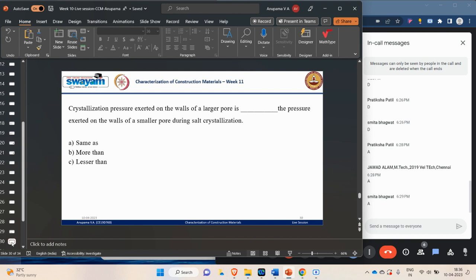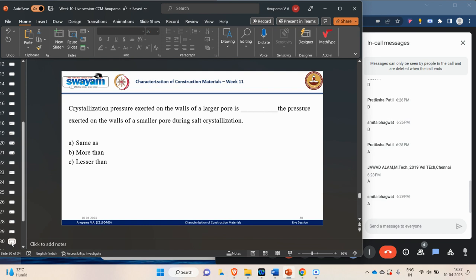Crystallization pressure exerted on the walls of a larger pore is dash the pressure exerted on the walls of a smaller pore during salt crystallization. So, regarding structures along the coastal area, whenever there is exposure to salt along with moisture, the salt can get into the structure and crystallize within it.